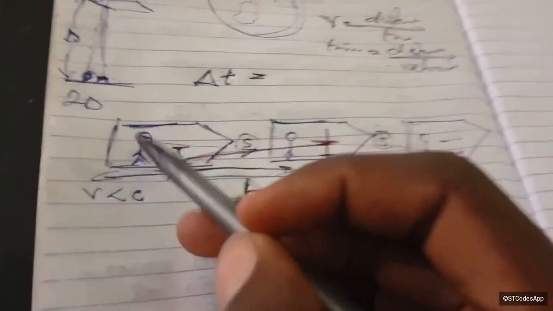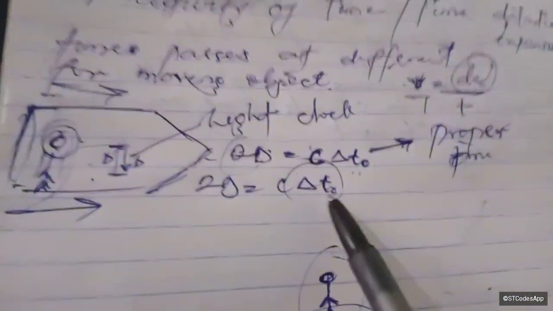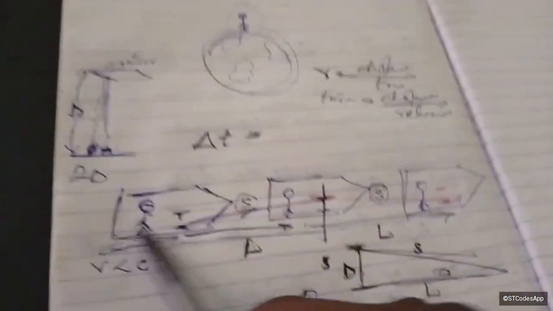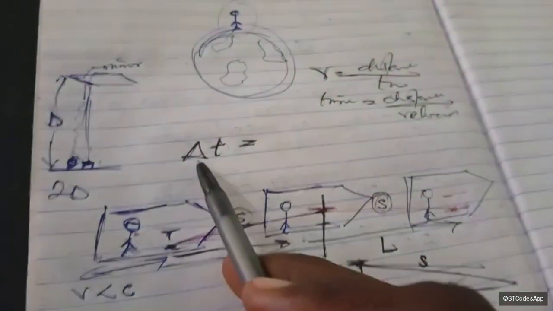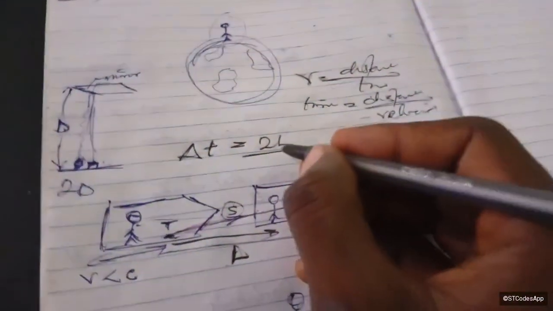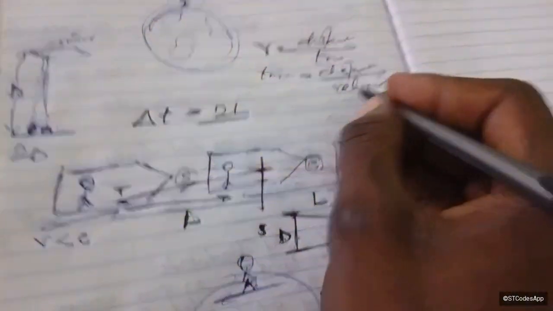So the astronaut is going to see a dilation in time. Remember, delta t naught is the original time that the astronaut sees inside. But the time measured by this observer of this astronaut is going to be a dilation in time, which is delta t. And delta t in this case is going to be distance, which is L plus L, which is 2L, over the velocity v.